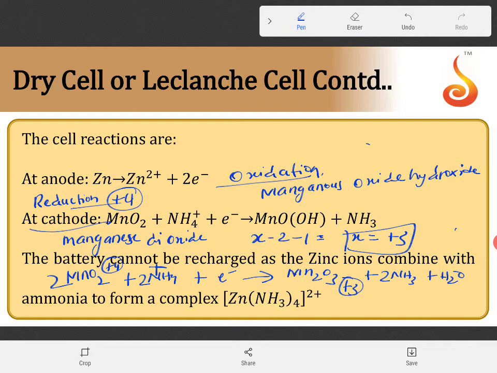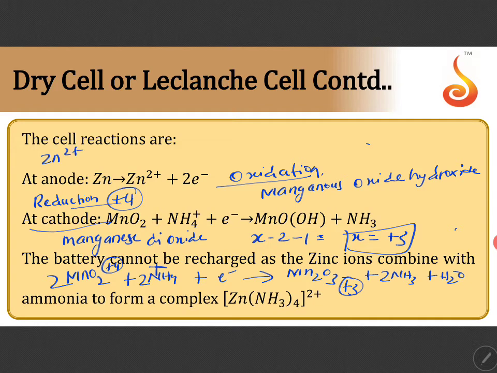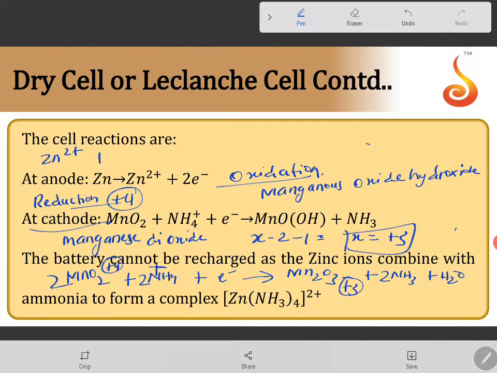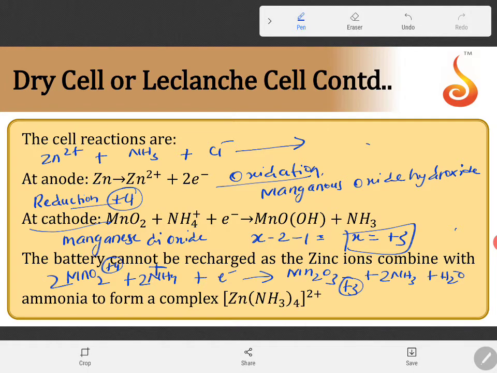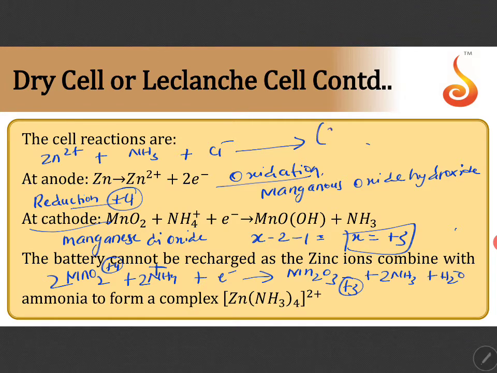Next important point is the compound formed when ammonia is liberated at the last. Zinc 2 plus combines with ammonia in the presence of chloride ion to form a complex which is called [Zn(NH3)4]Cl2.